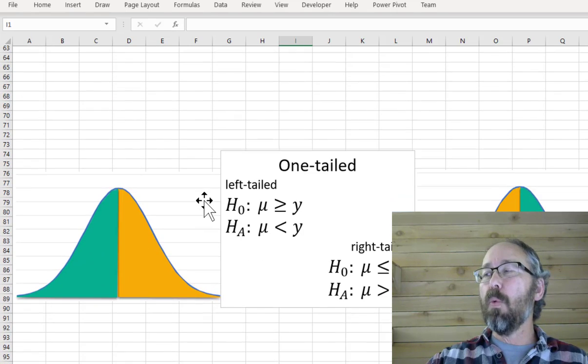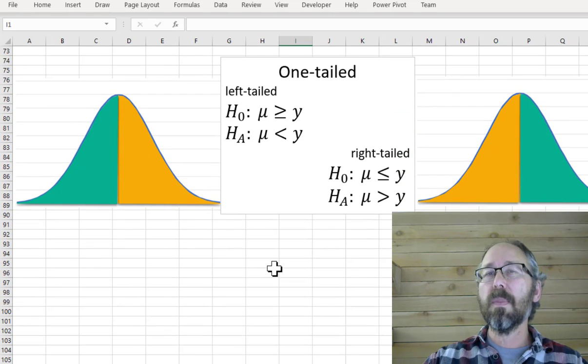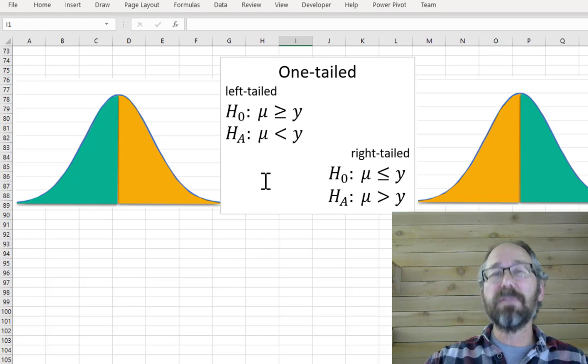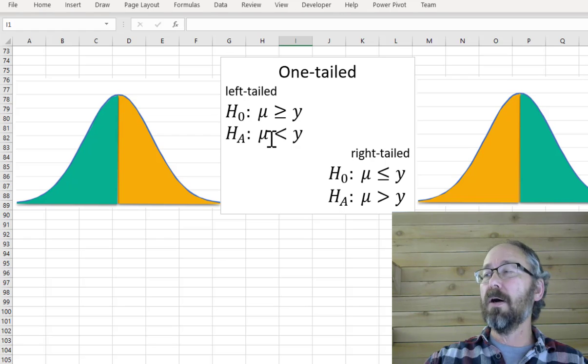Now, if we're using a one-tailed test, what we're saying is that the null hypothesis claims that the mean is greater than or equal to some value. This is shown with the shaded yellow area here. And an alternative hypothesis for a left-tailed test is that the mean of the population is less than that value, shown by the green shaded area here.